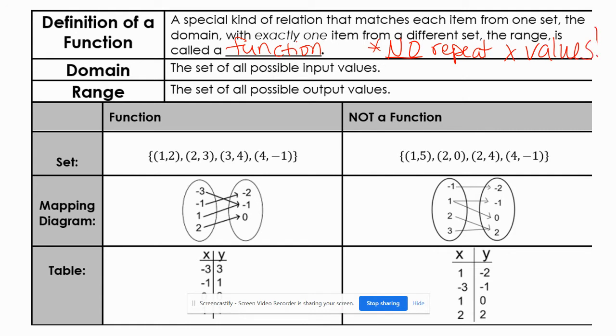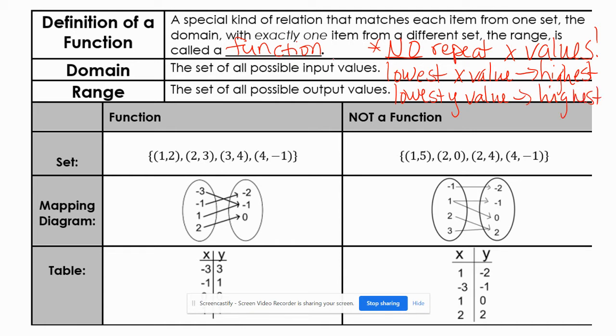No repeat x values. So the domain is the lowest x value to the highest x value. And then the range is the lowest y value to the highest y value.